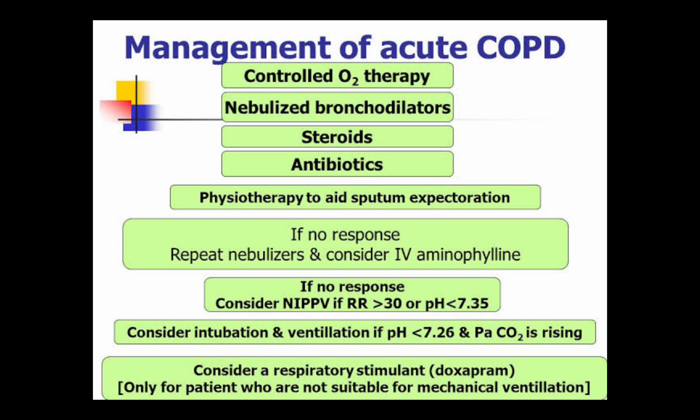If there is no response, instead of magnesium sulfate, here we can give IV aminophylline. If still no response and pH is less than 7.35 or even lesser than that and partial pressure of carbon dioxide is rising, we can think about giving non-invasive positive pressure ventilation.